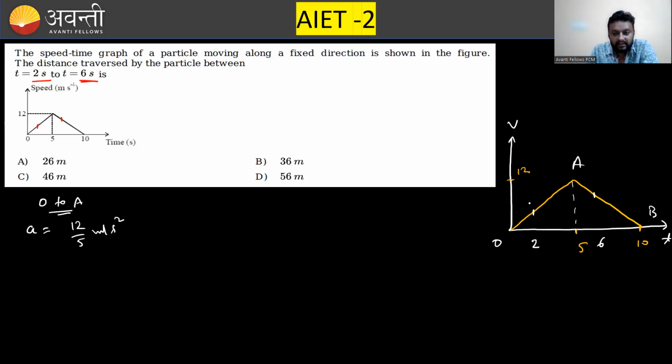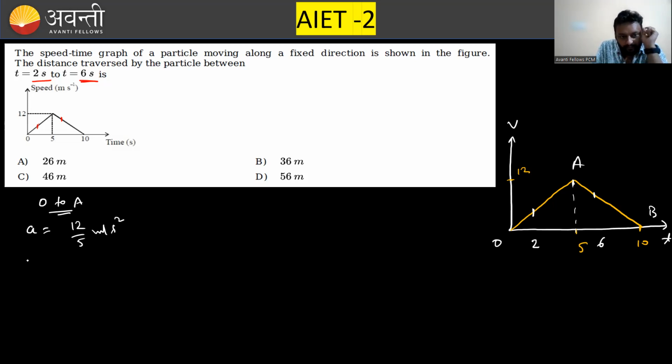Now, if you want to calculate the distance moved from 2 to 5 seconds, which kinematic equation can you use to get the distance? S is equals to ut plus half at square, you can use. For that, you must know the velocity at t equals to 2.